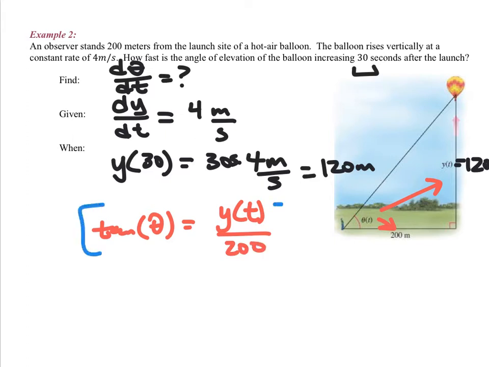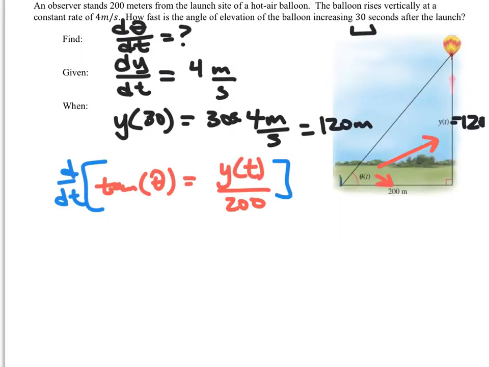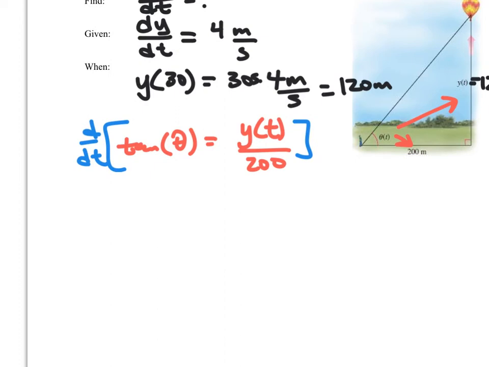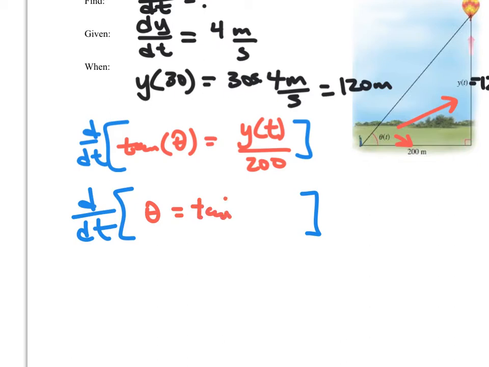And I'm going to differentiate that with respect to t. But before I do so, I'm going to do a little bit of manipulation to make it a tad easier on me. So I'm going to just say theta equals the inverse tangent of y of t over 200.